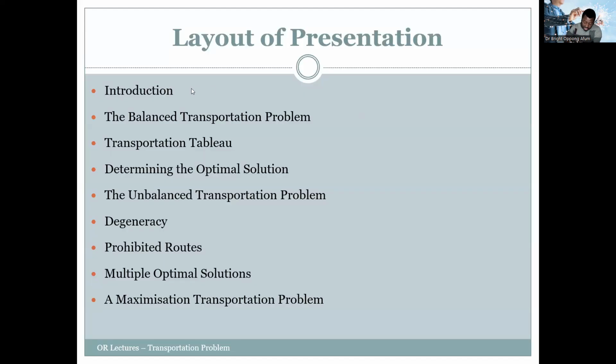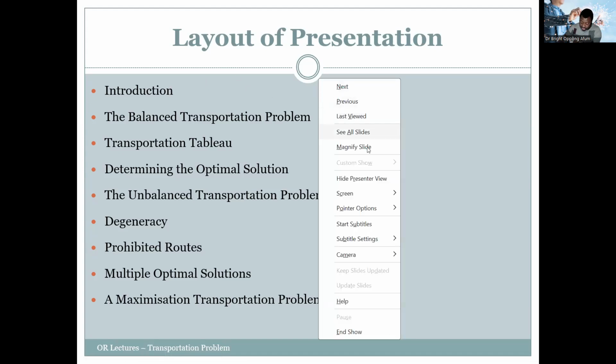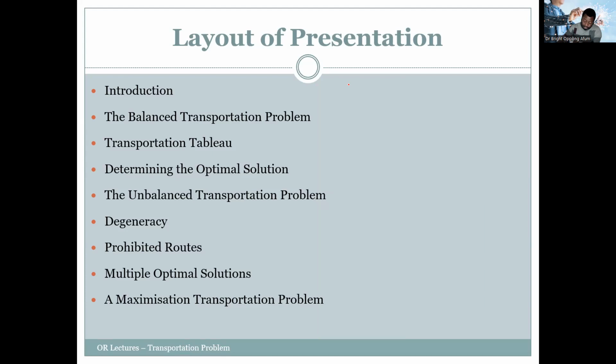In the previous lectures, we discussed the transportation problem, how specific it is, but similar to a typical linear programming problem. And we said that to solve the transportation problem using the transportation tableau, we need to ensure that the problem is balanced. And when it's balanced, then we can solve the problem using the transportation tableau.